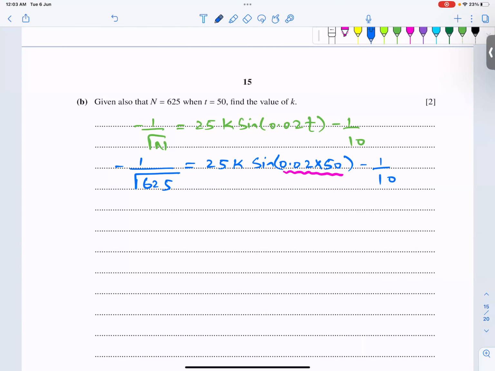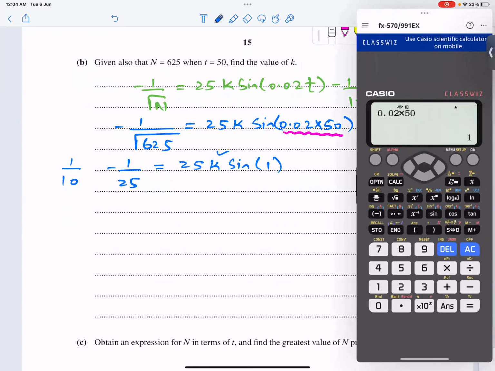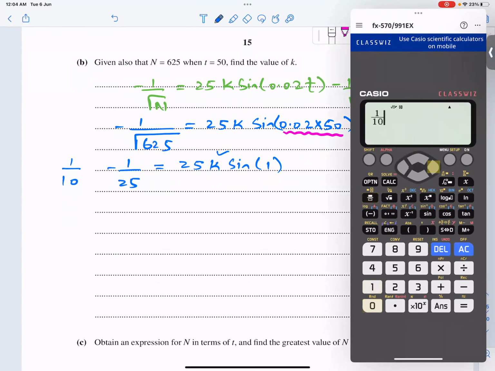So my answer will be minus 1 over 25 is equal to 25k sine of 1 minus 1 over 10. Bring negative 1 over 10 to the left side. So this will be just 1 over 10. Okay. And now k is the subject. So 1 over 10 minus 1 over 25 will be just 3 by 50, which is equal to 25k sine of 1.